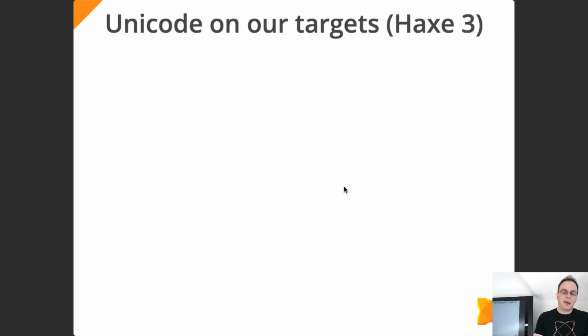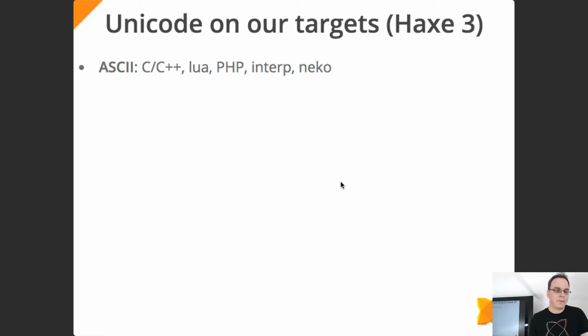First of all, if we just look at our targets in Haxe, what do we have? We can put our targets in categories, and one of those categories, of course, is ASCII. So just straightforward byte representation, and that includes C, C++, Lua, PHP, the old macro interpreter, and Neko. Then we have UCS2, which is JavaScript and Flash.